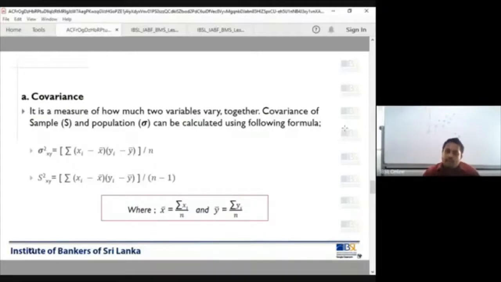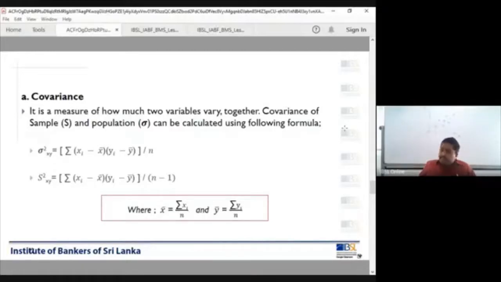Moving on, now we are coming to the important segments of today's discussion on identifying covariability. If I recap some of the earlier lessons that we learned for single variables, we discussed variance and standard deviation.